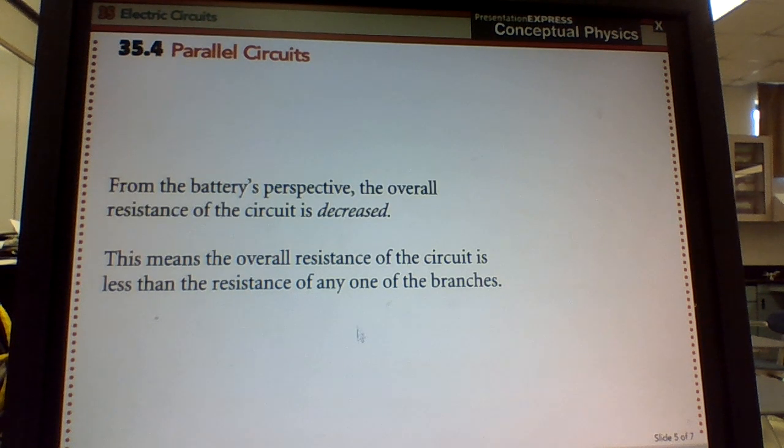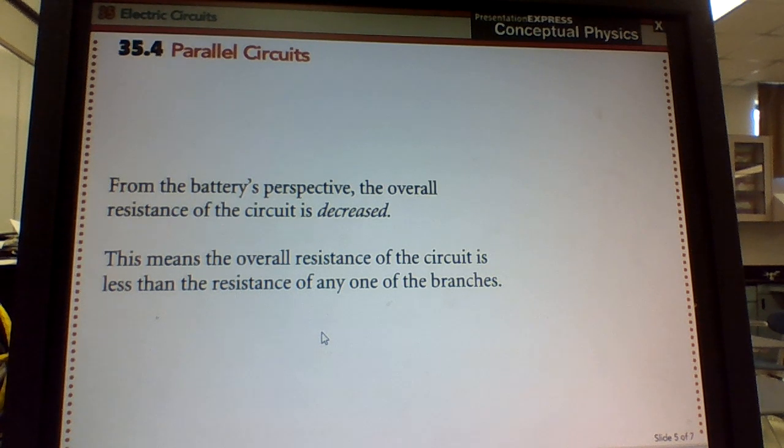So from the battery's perspective, the overall resistance of the circuit is decreased. This allows for more current to flow. When more current flows, again, your juice from your battery is drained quicker. So the overall resistance of the circuit is actually less than the resistance in any one branch.